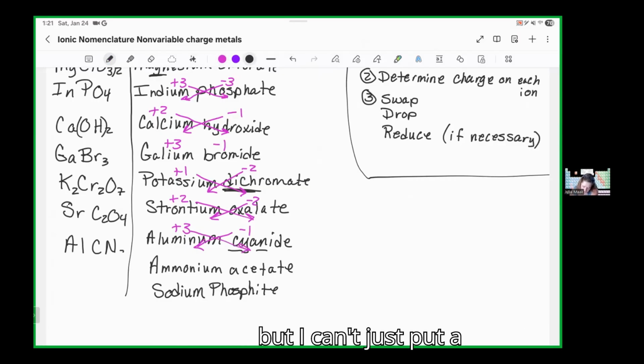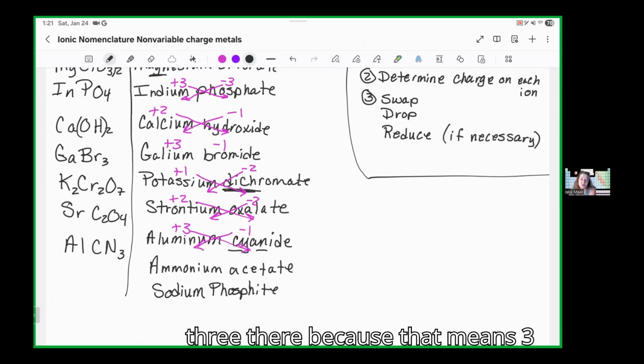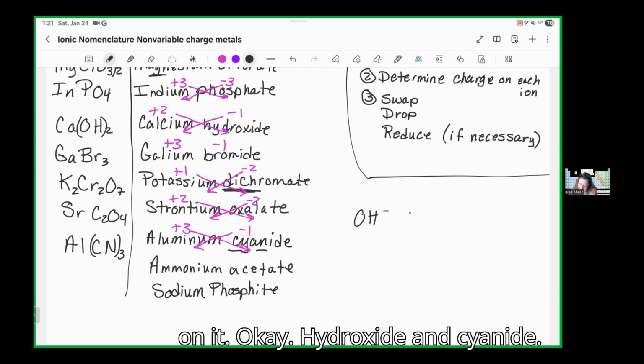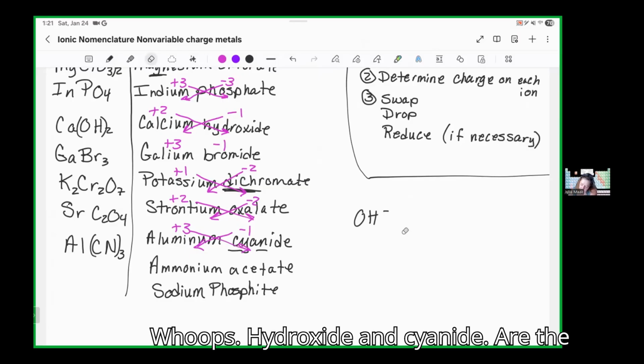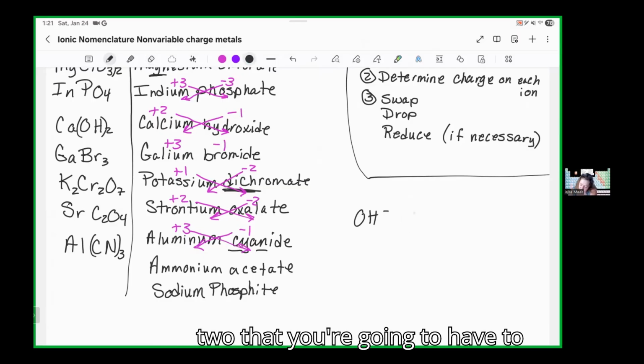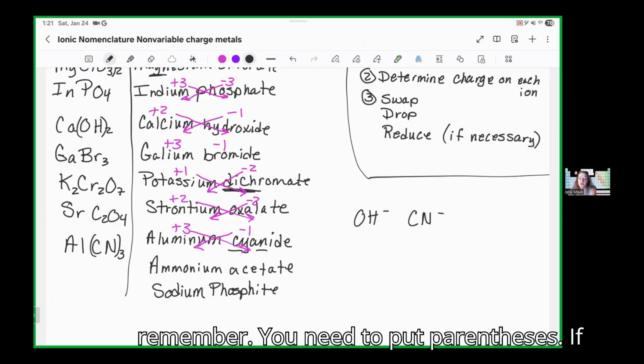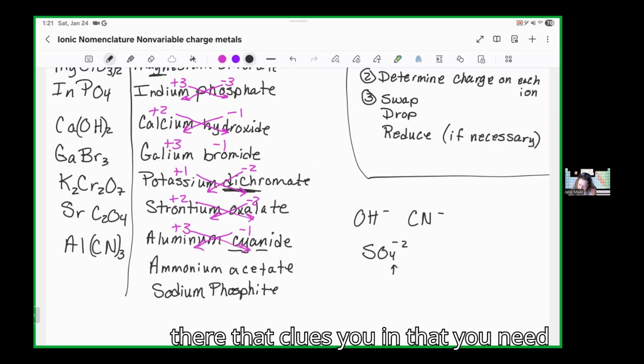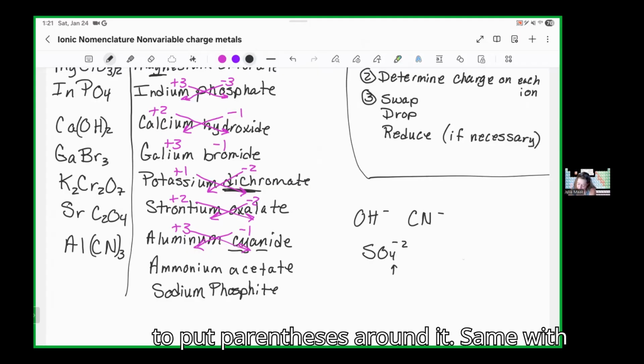Okay, but I can't just put a 3 there because that means 3 nitrogens. So you have to put parentheses on them. Okay, hydroxide and cyanide are the 2 that you're going to have to remember you need to put parentheses. If you have like sulfate, there's a number there that clues you in that you need to put parentheses around it.